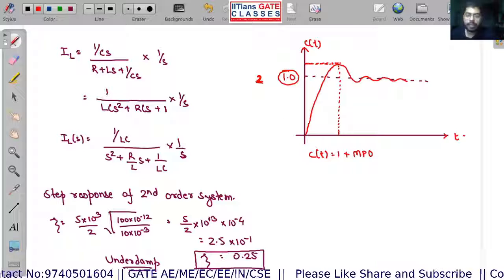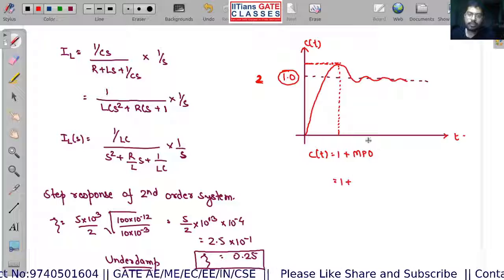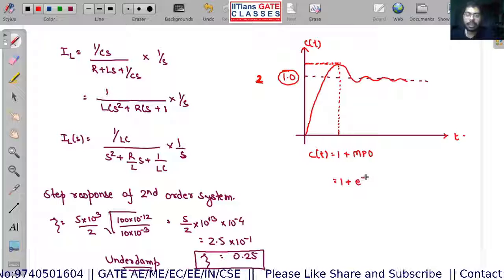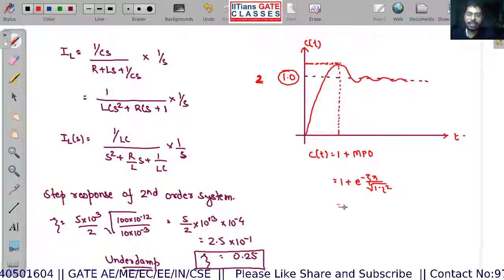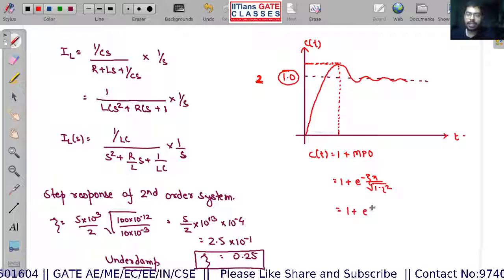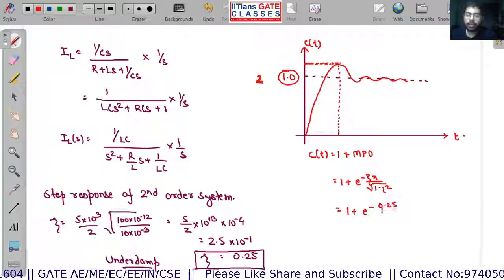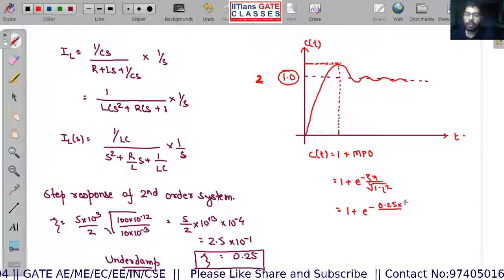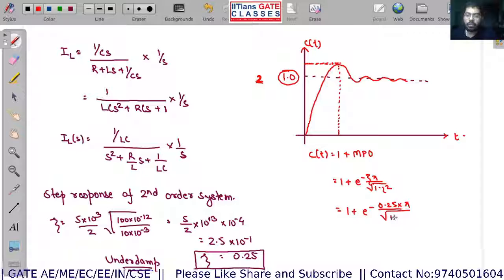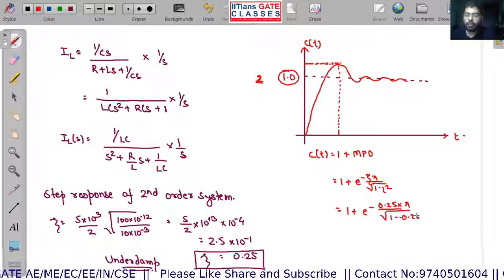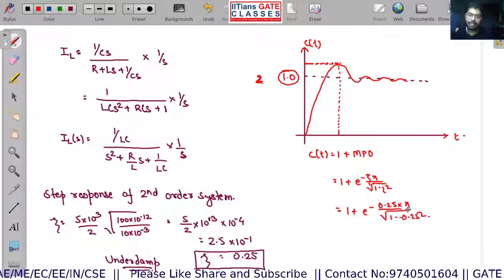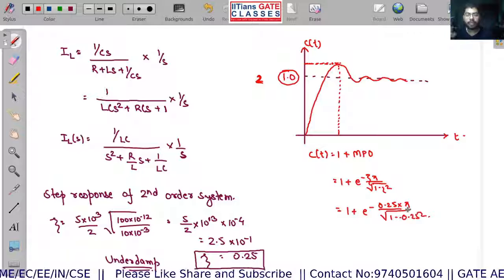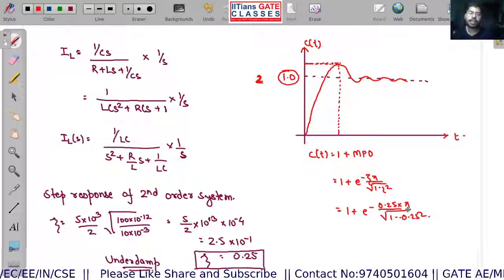So very simple. 1 plus, what is the formula for maximum peak overshoot? e to the power minus zeta pi under root of 1 minus zeta square. So 1 plus e to the power minus 0.25 into pi under root of 1 minus 0.25 square. For me it is very simple, I am going to put in this calculator, but in the examination hall you have to use the GATE calculator.